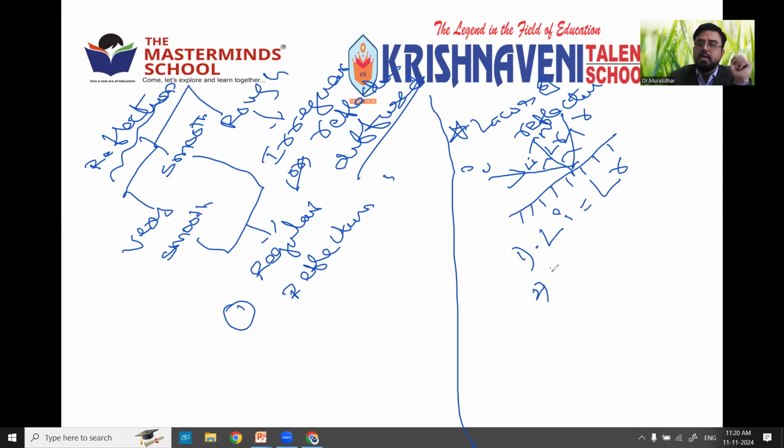The second law is that the incident ray, reflected ray and normal always lie on the same plane. You can see here, they always lie on the same plane.